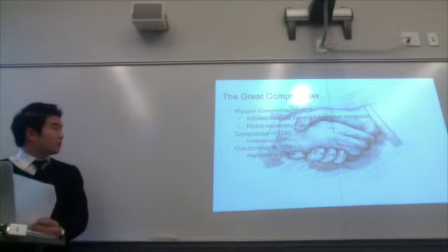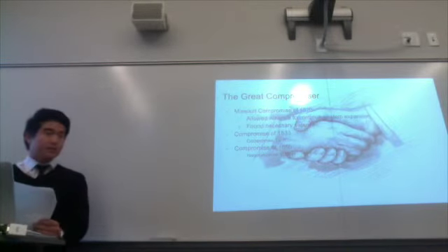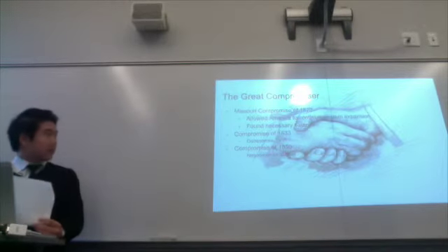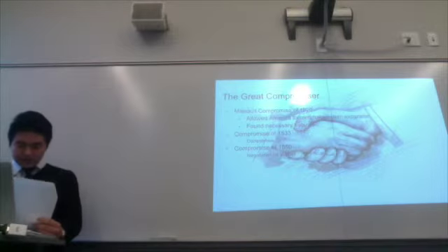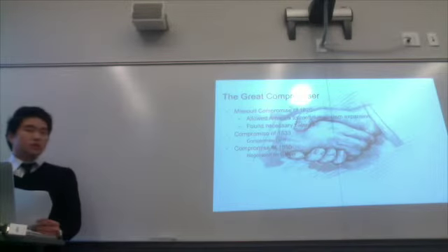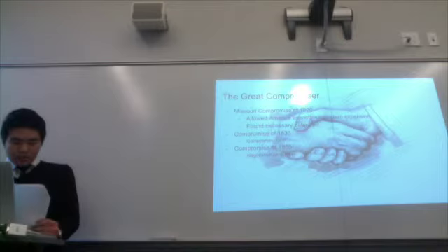So back then, Missouri wanted to join the United States as part of the United States, and there was a hot debate about whether Missouri should come in as a slave state or a free state.